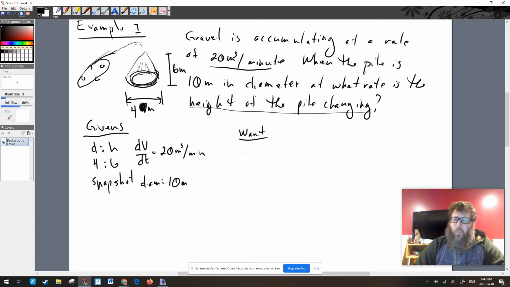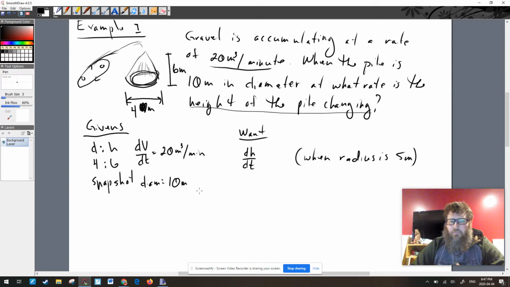And so what we want then is dH by dt, and you can even put a qualifier in there, when the diameter, or I'm going to switch it up a little bit, when the radius is 5 meters. Okay, so we've got all these things.